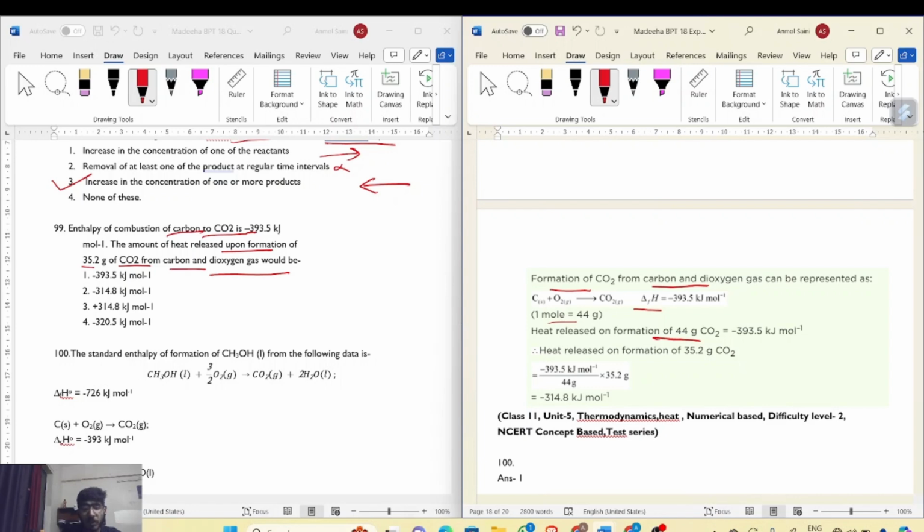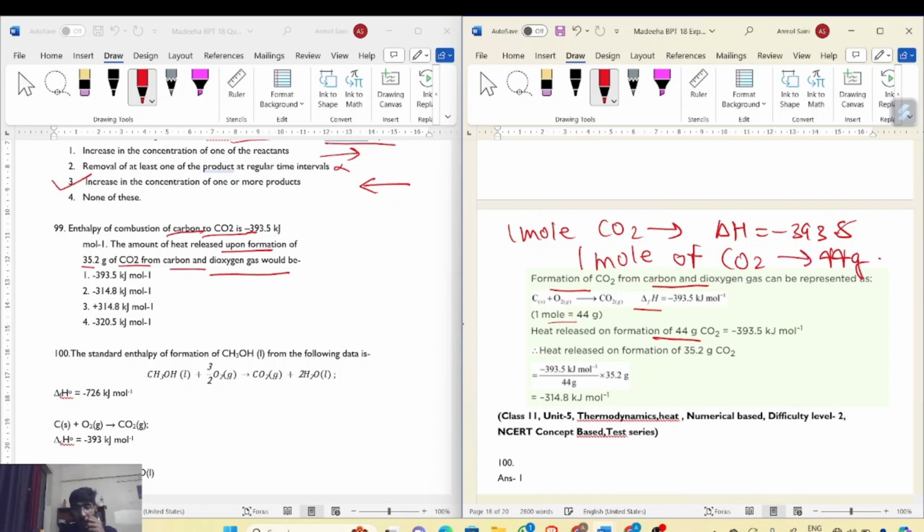First of all, we are given that the enthalpy of combustion of 1 mole of CO2 will be delta H equals minus 393.5. From this we can say that 1 mole of CO2 is formed, and 1 mole of CO2 contains 44 gram.